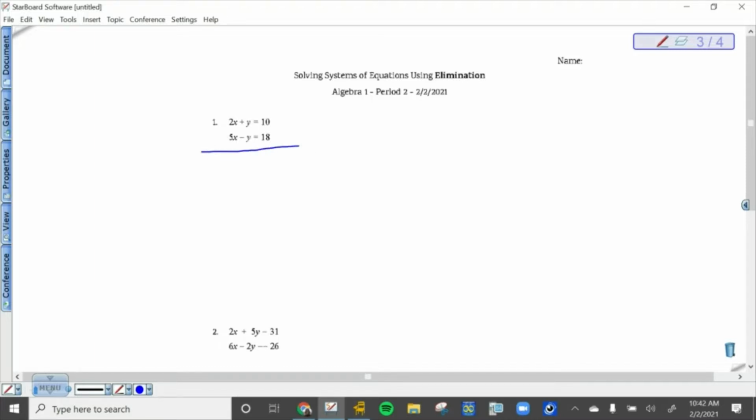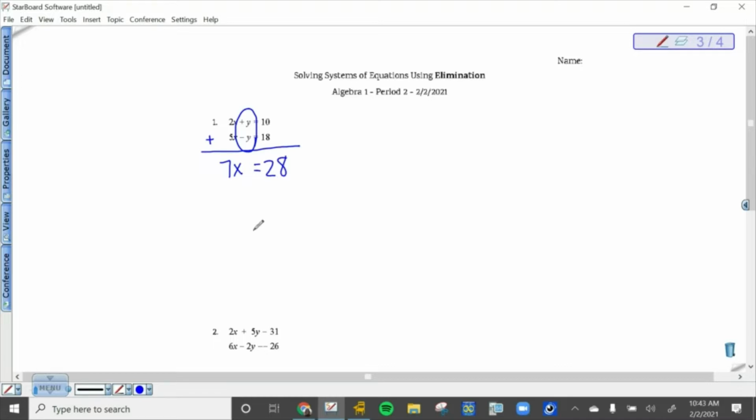So I'm just going to draw a line underneath them and add them up. Let's start on the left. 2x plus 5x gives me what? 7x. Y minus y gives me 0. So 7x equals, what's 10 plus 18? 28.